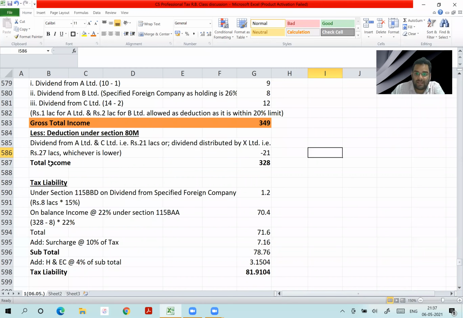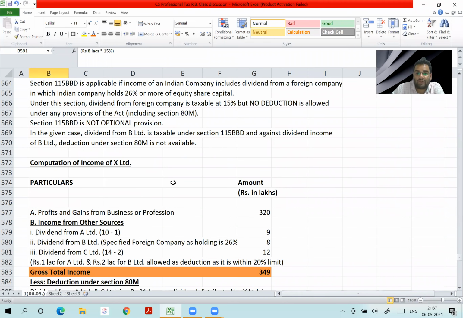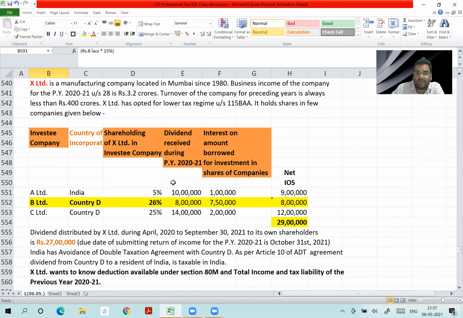So out of 328, my dear friends, how much is with respect to dividend from a specified foreign company? 8 lakhs. So on 8 lakhs, calculate at 15%. Acha, we are going for 115BAA, not BA. So BAA will be 22%.